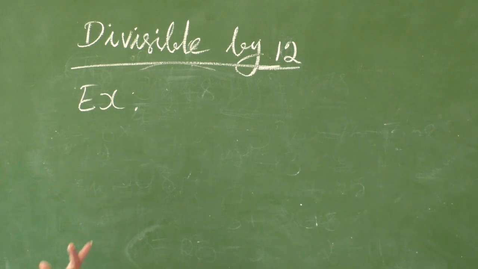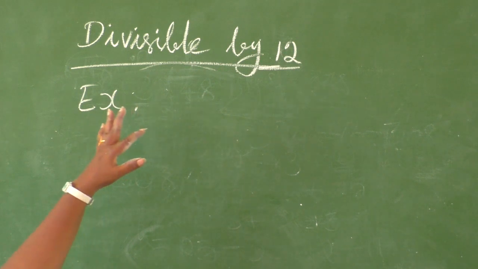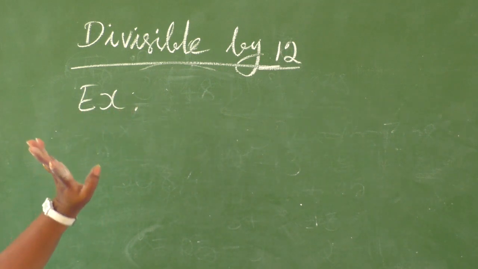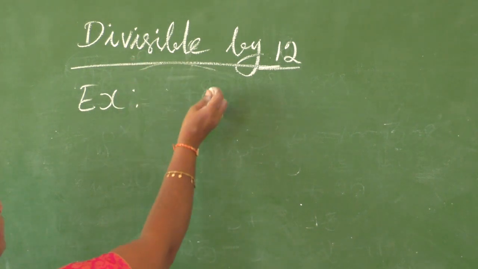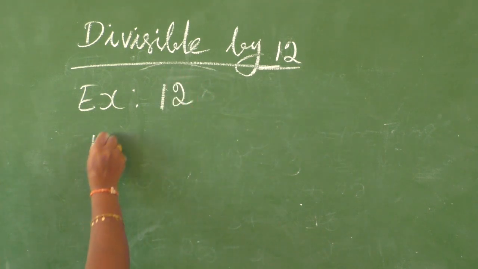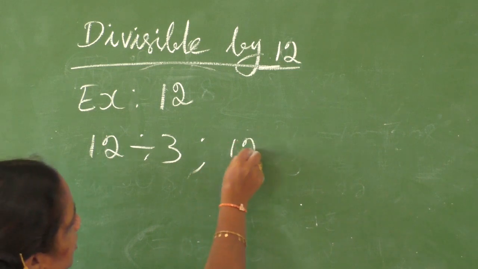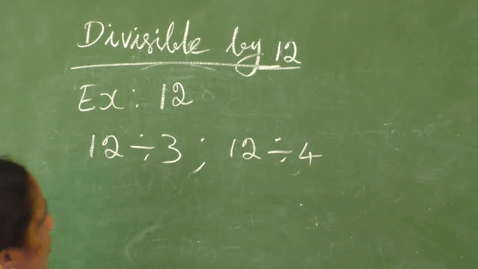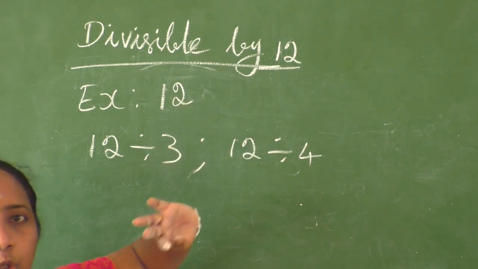For 6 we have to check 2 and 3. Okay? For 12 we have to check 3 and 4. So again I am taking the example 12. This number is divisible by 3 and also divisible by 4. So definitely this number is divisible by 12 also.